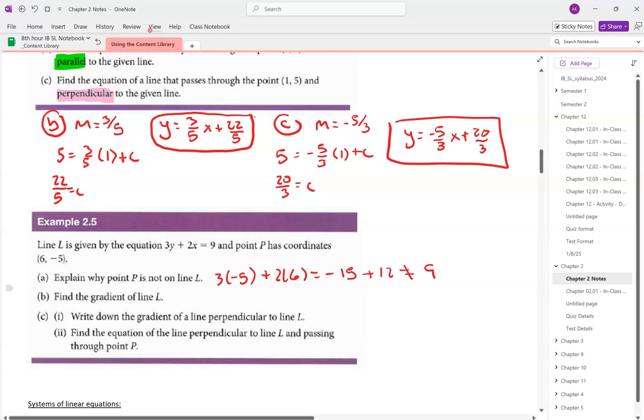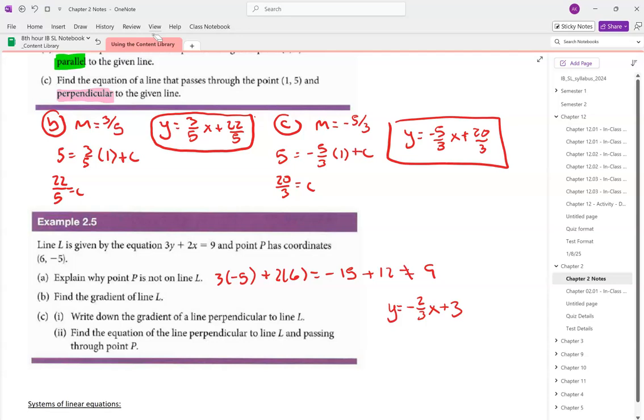How do I find the slope for L? Solve for x. Or solve for y. Great. What do I get when I solve for y? -2/3 x plus 3, right?